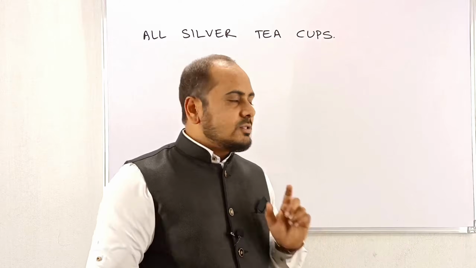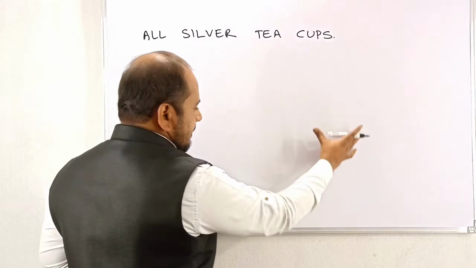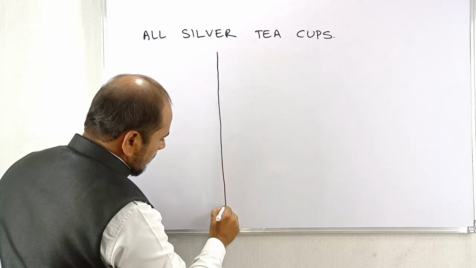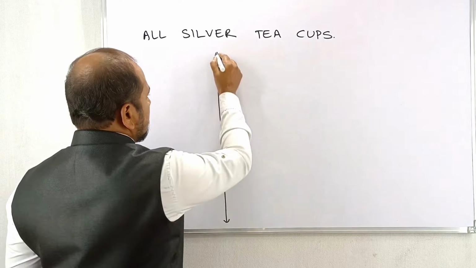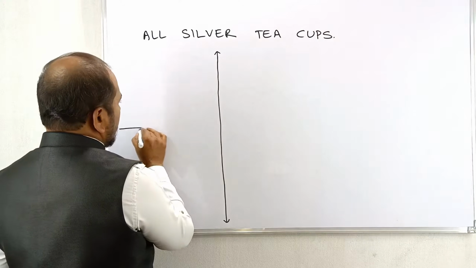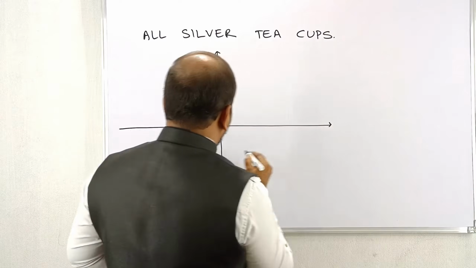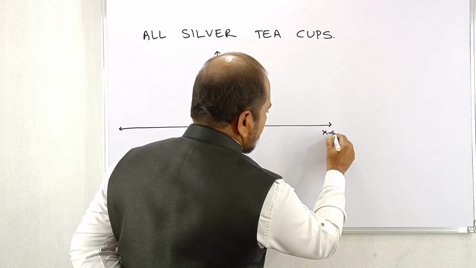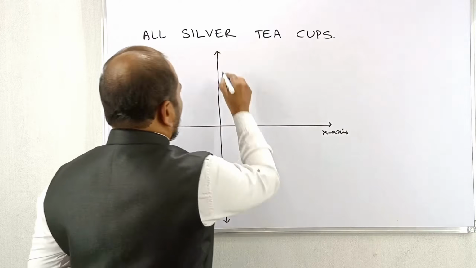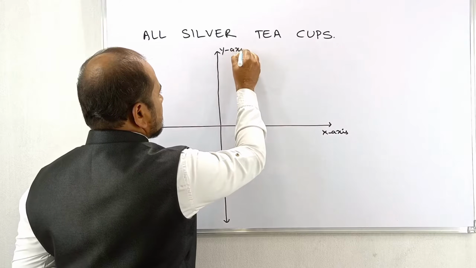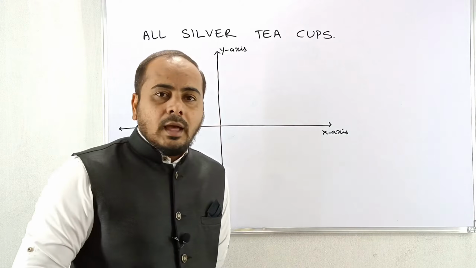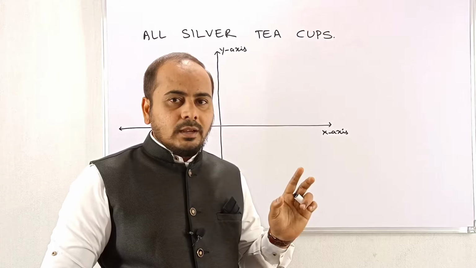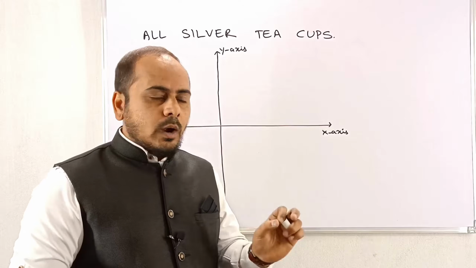My dears, assume that this is a complete plane. In this plane I am going to take a vertical line and one horizontal line, and name it as x axis, as you know very well, and this is y axis. These two axes divide a plane into four equal quadrants.